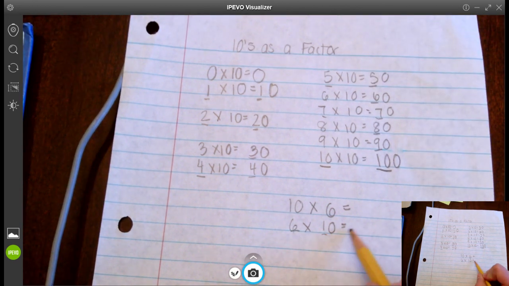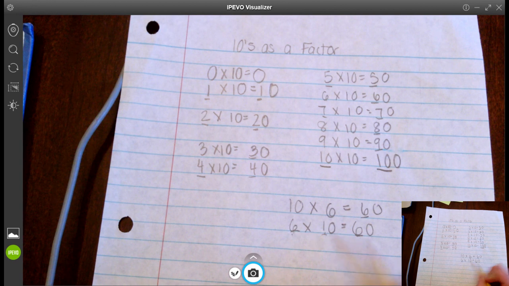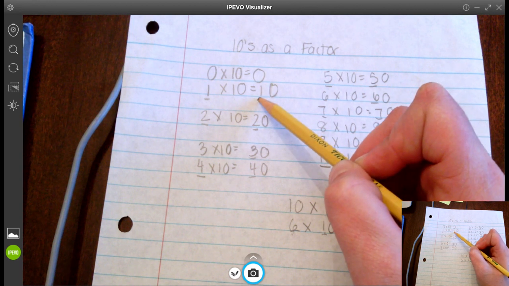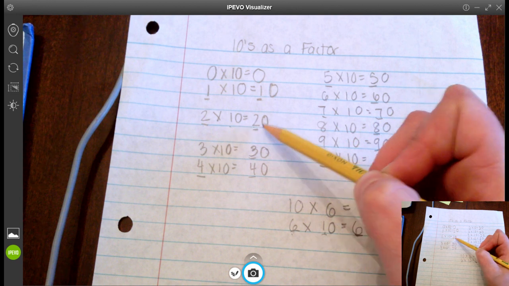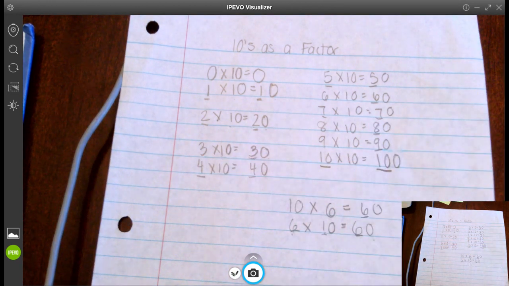So we should know that it's automatically going to be 60, because 6 is your number you're multiplying. 6 times 1 is 6, and your 0 stays the same. You should see that. 1 times 1 is 1, that's why that number's the same, and you put a 0. 2 times 1 is 2, put your 0. 3 times 1 is 3, put your 0.